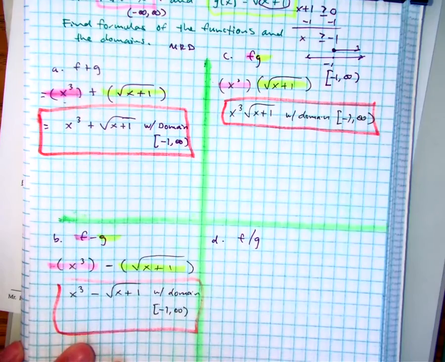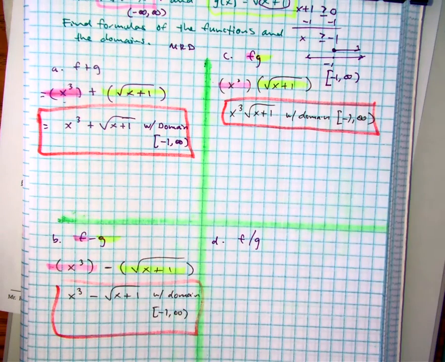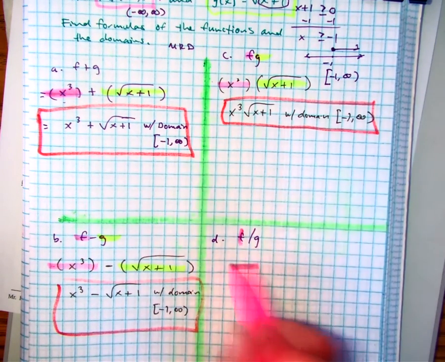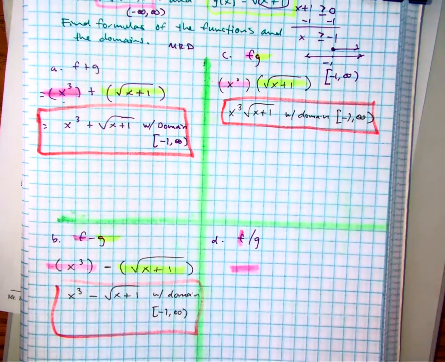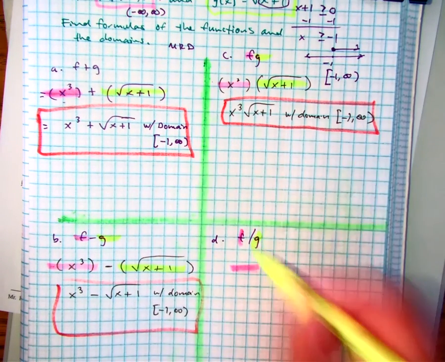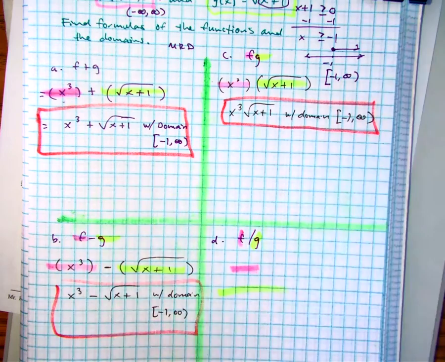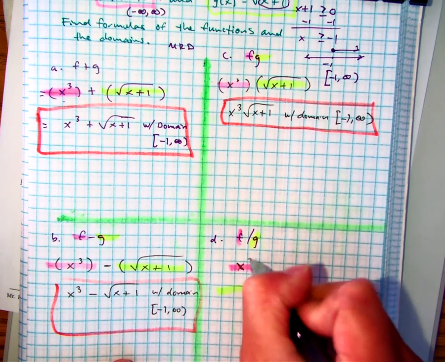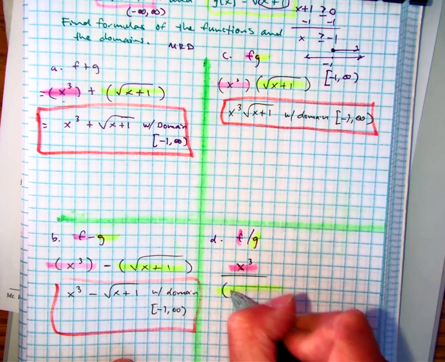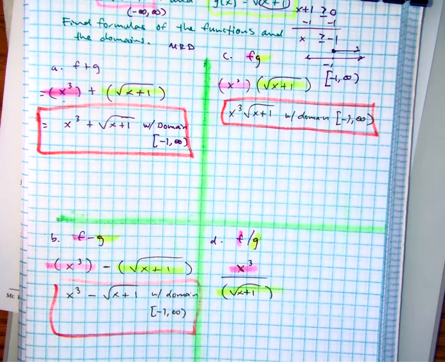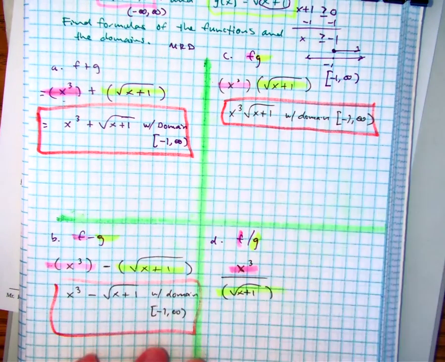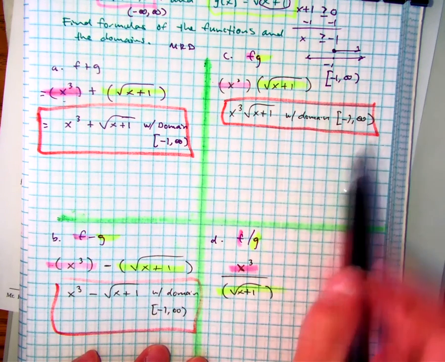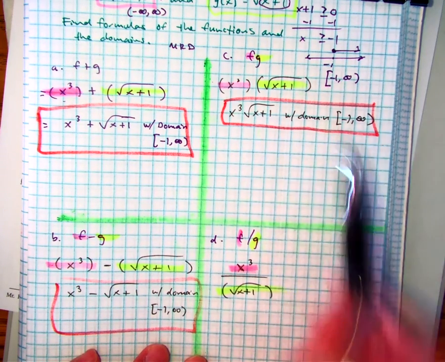All right, this will be the most challenging one. We have now f, they wrote it sideways, I like to write mine vertically, divided by g. So here I'm going to have the x cubed over square root of x plus 1. Now, pay attention. This one in the restrictive domain says include negative 1.